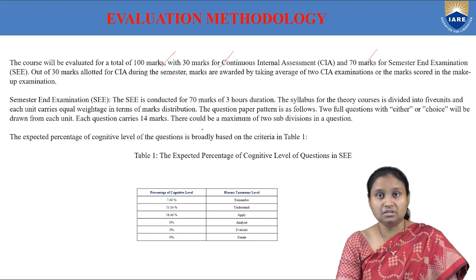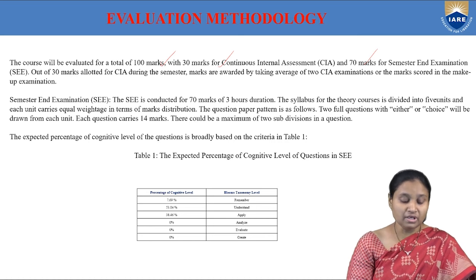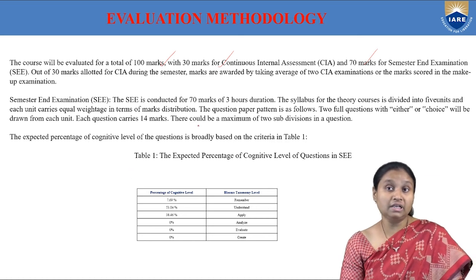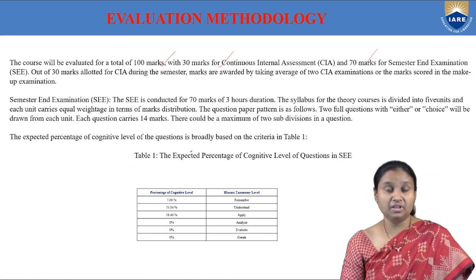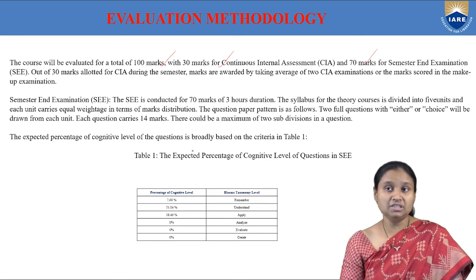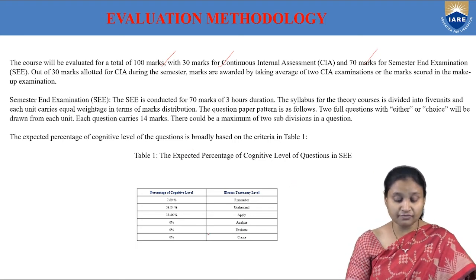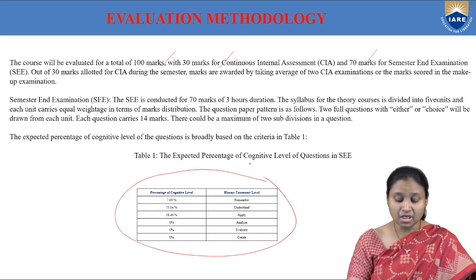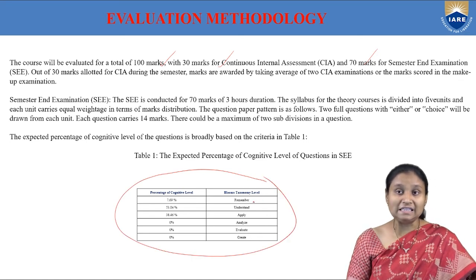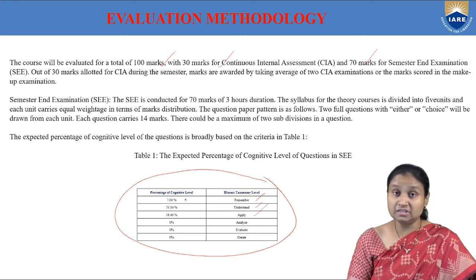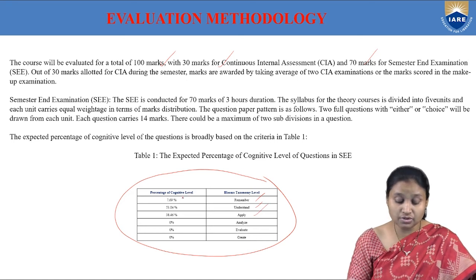subdivisions in a question. And here, when we talk about the expected percentage of cognitive level of the questions used in semester end examinations, you can see in this tabular column. We are focusing on 3 levels: remember, understand and apply. And what is the percentage of cognitive level we are going to focus on?